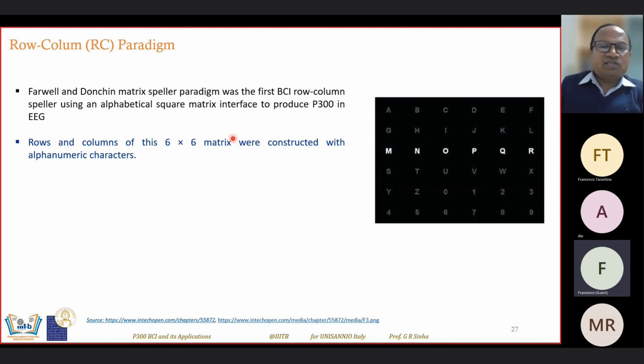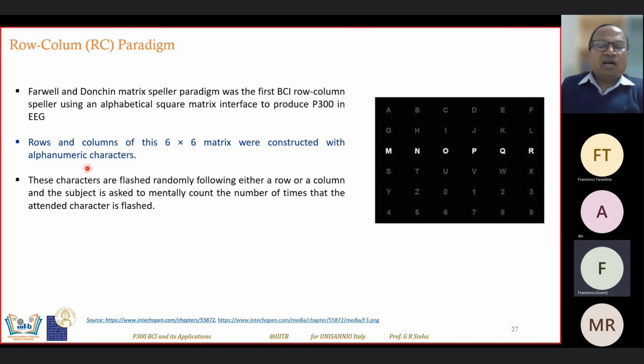Rows and columns are 6 by 6 with alphanumeric characters, alphabetical as well as numbers. The characters are flashed randomly, following either a row or a column. Remember, what is important is to generate certain stimuli to create an irrelevant and infrequent response, a response which is not frequent, and that is done either by a row or a column, and the subject is asked to mentally count the number of times that the attended character is flashed.